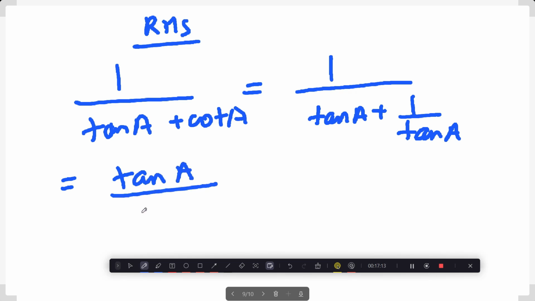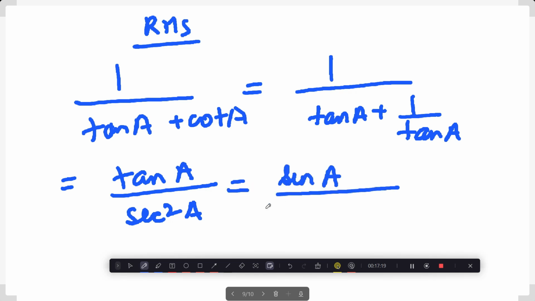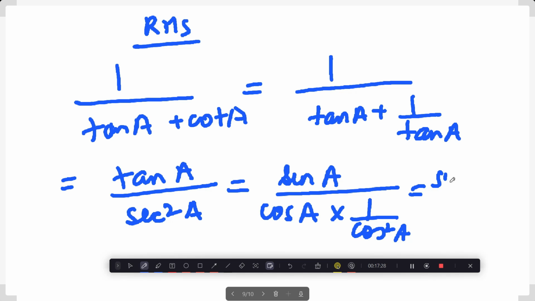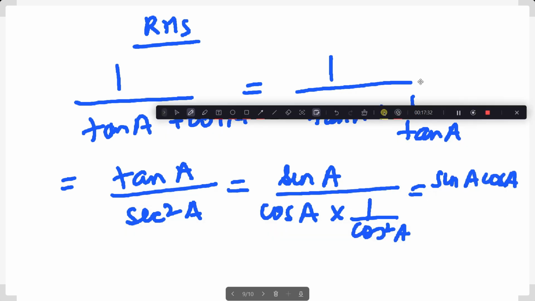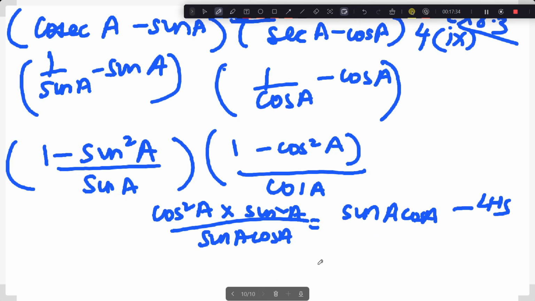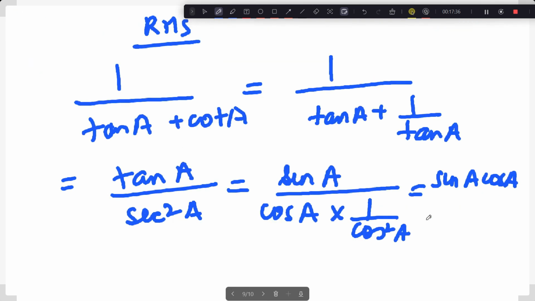What is 1 plus tan square A? Secant square A. Now write this as... right. So now what was our LHS? What was RHS? Hence proved.